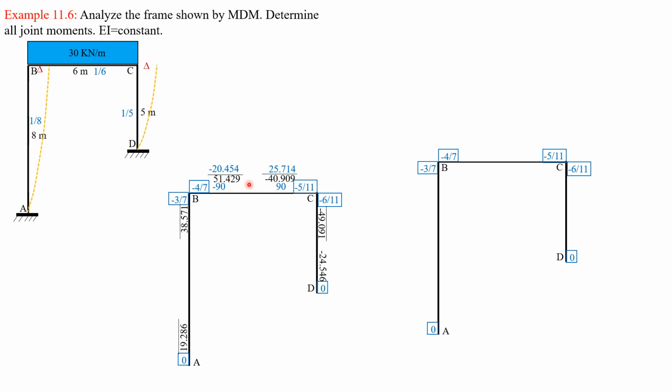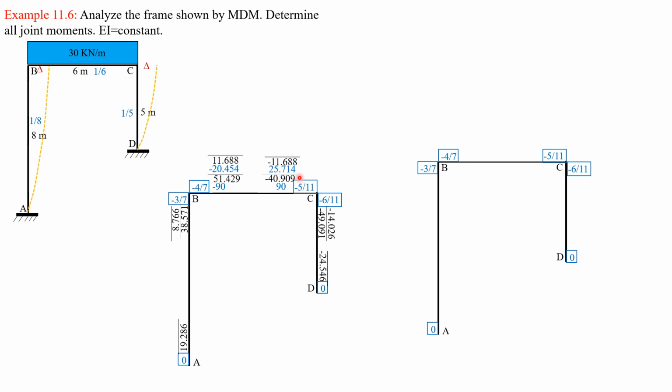So we begin again at this joint, negative 20.454 times negative 4 over 7, and that is equal to 11.688, lock partially. Here times negative 3 over 7, 8.766, lock partially. 25.714 times negative 5 over 11, negative 11.688, lock partially.